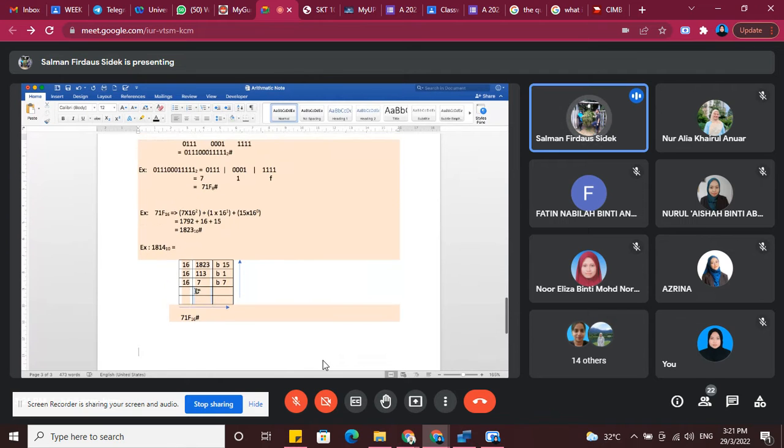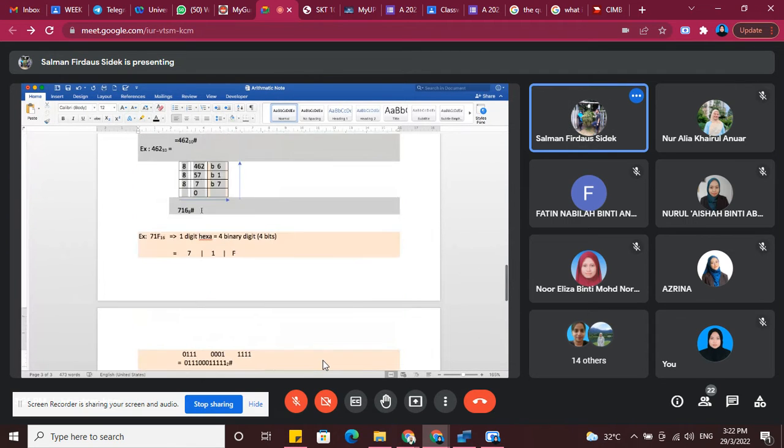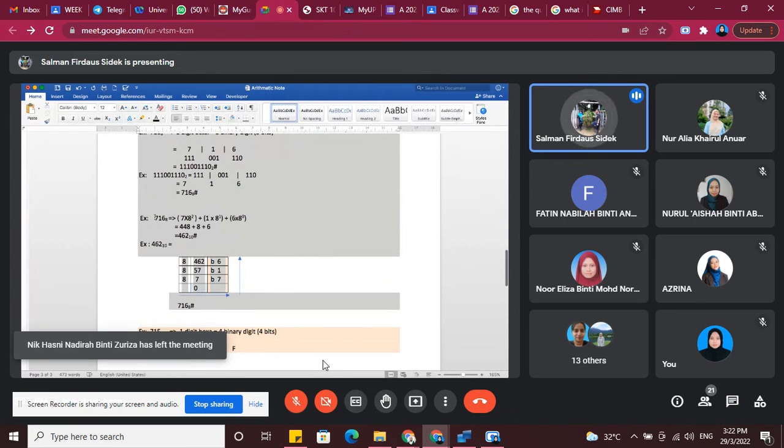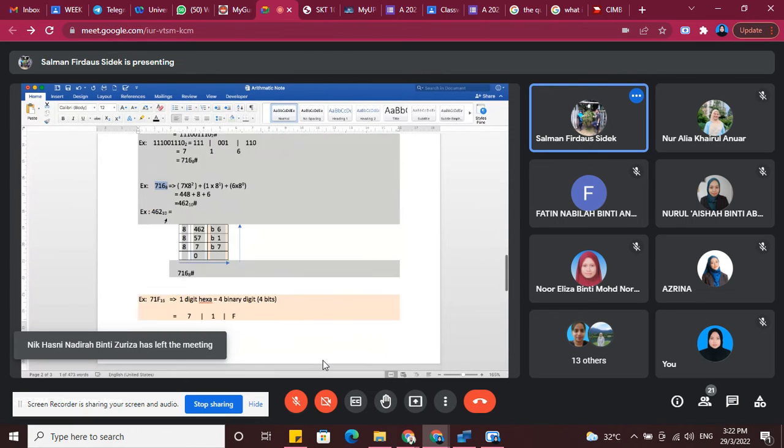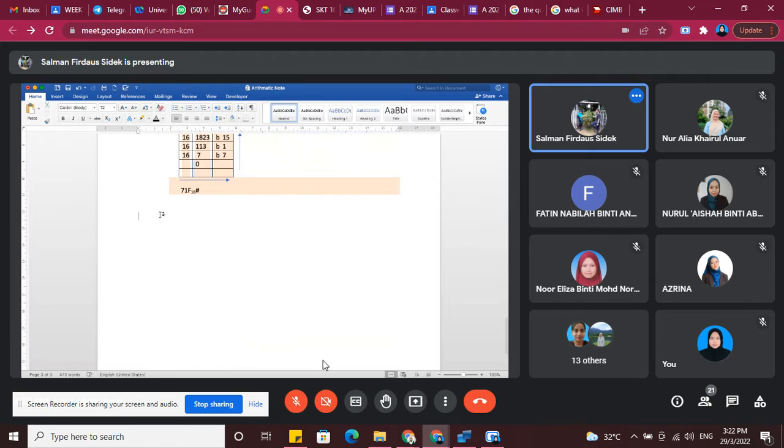Okay, how to convert apa nombor tadi ni? 716 asas 8 into hexadecimal. Apa you nak buat? Tell me how to do it.